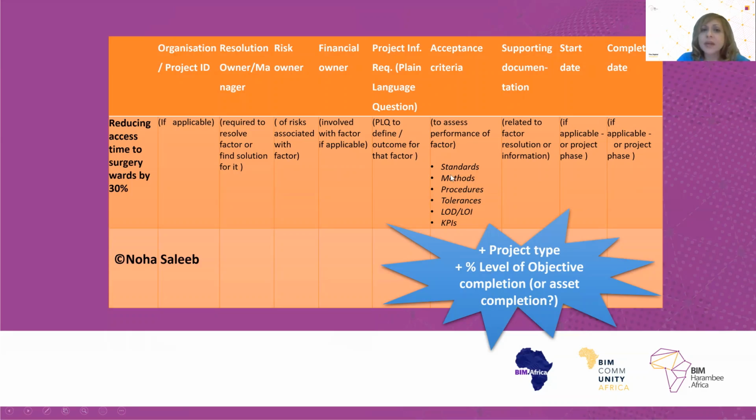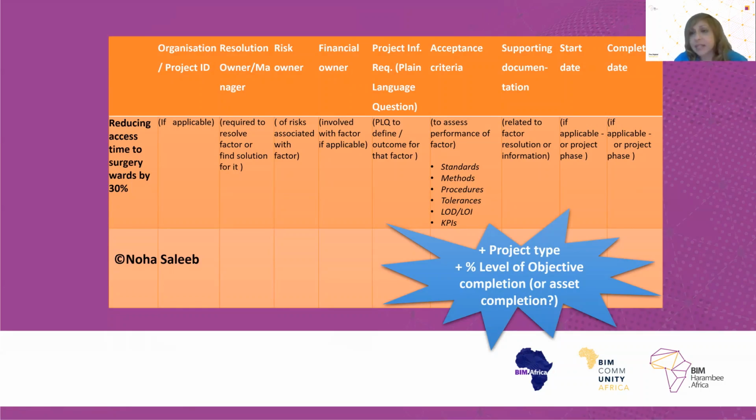What are the particular project information requirements that need to be given back to the organization that show satisfaction of that objective? What are the acceptance criteria or key performance indicators or methods and procedures that need to be done in order to ensure achieving that objective?